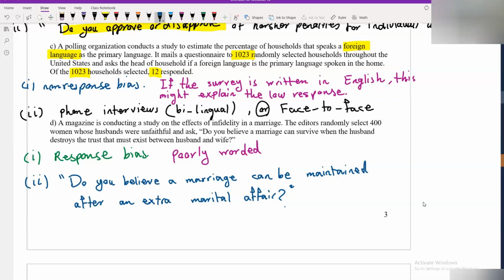Not just saying, okay, when the husband destroys the trust, we shouldn't have our question that way.